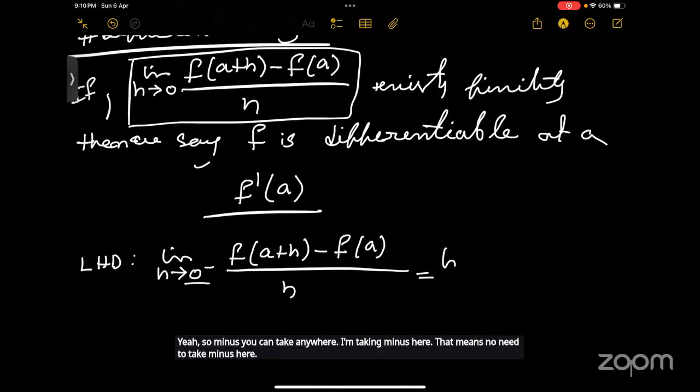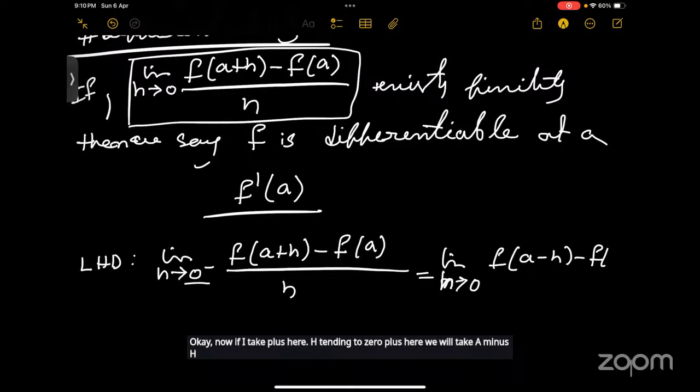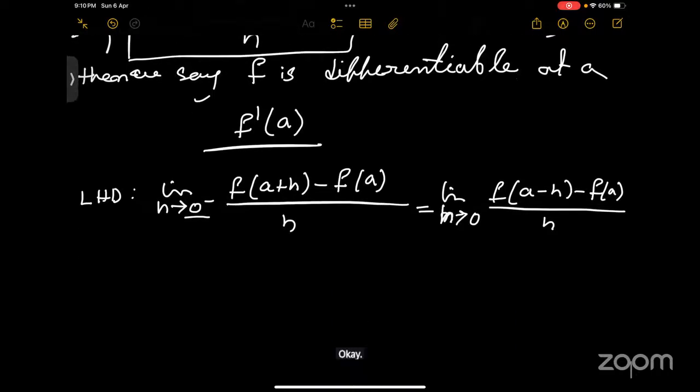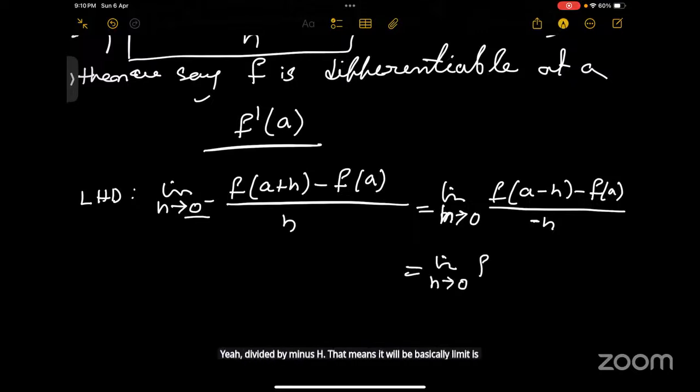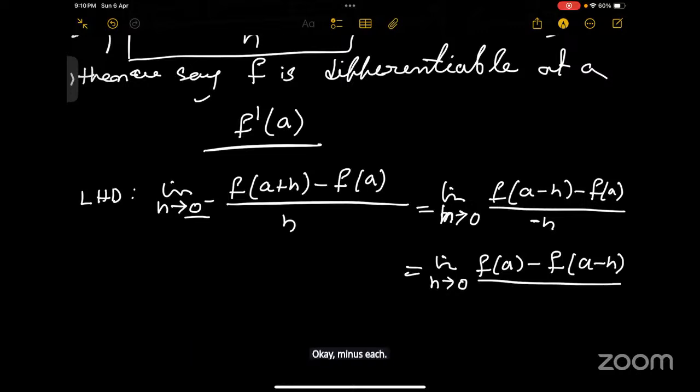Now if I take h tending to 0 plus, here we will take f of a minus h minus f of a, divided by minus h. That means it will be basically limit h tending to 0, f of a minus f of a minus h by h, right?